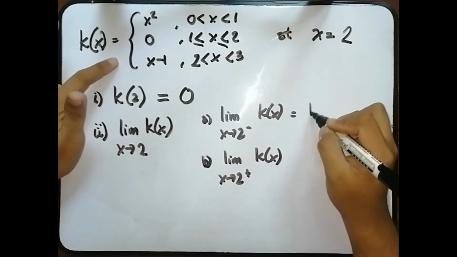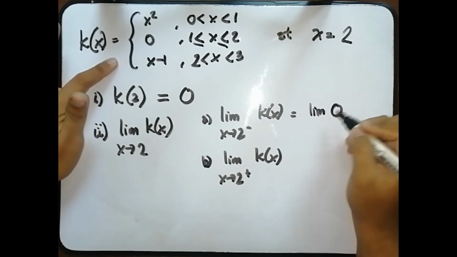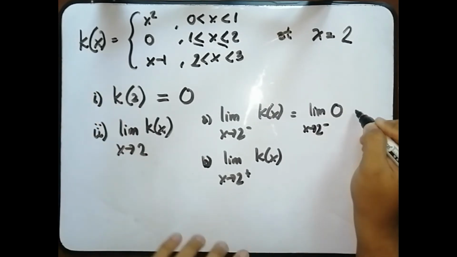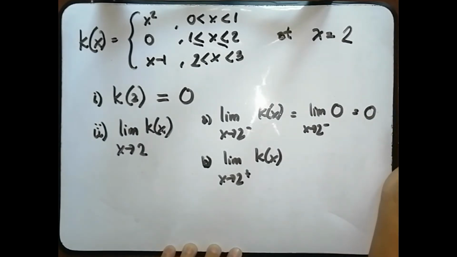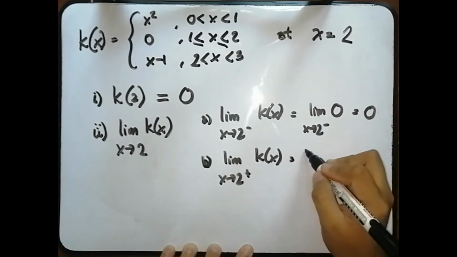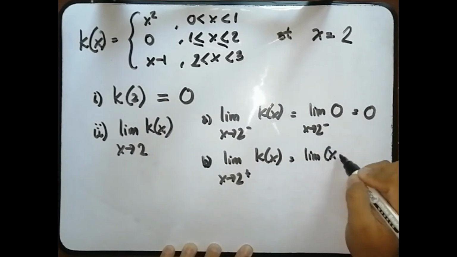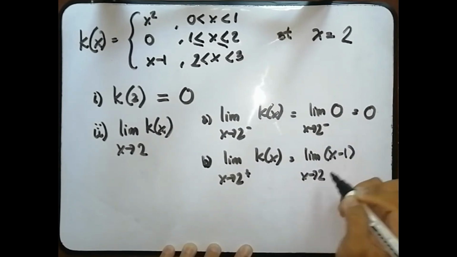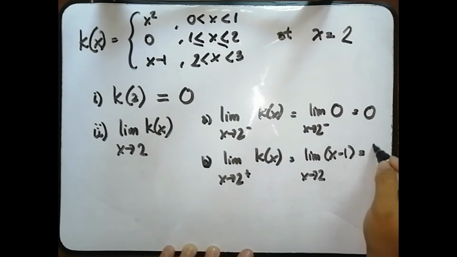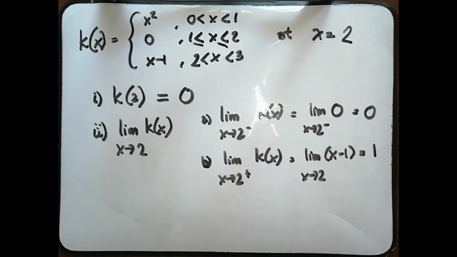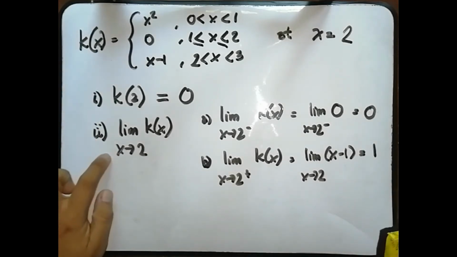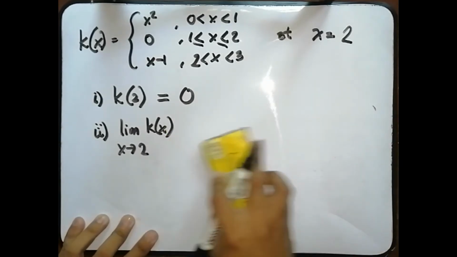So we have limit of 0 as x approaches 2 from the left. So we have 0. And then from the right, we have the limit of x minus 1 as x approaches 2, which is equal to 1. So since the two one-sided limits are not equal, then we say that limit of k of x as x approaches 2 does not exist.